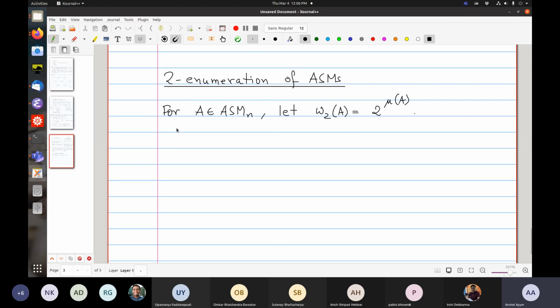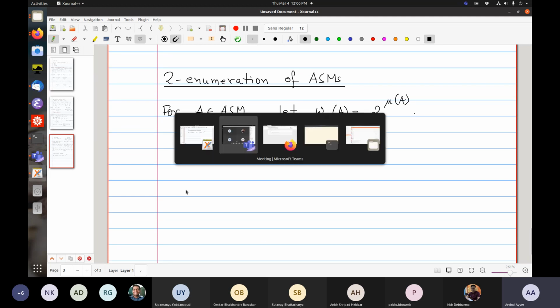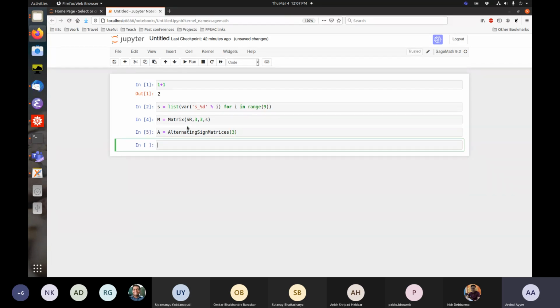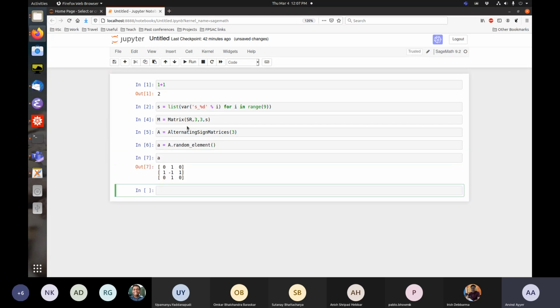Okay, let us enumerate this in Sage. Let me take the ASMs of size 3, and A equals A dot random element. Now can I count the number of minus ones?